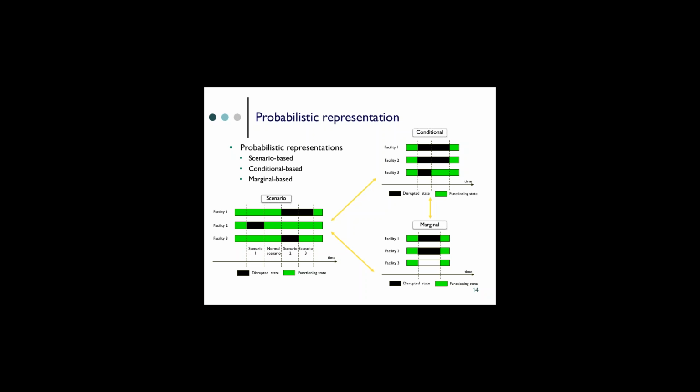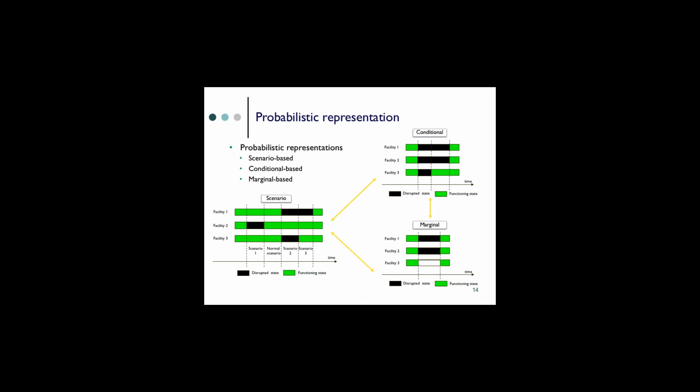The second one is the conditional-based representation. Similarly, we take this picture for example. The conditional probability is defined as the probability for facility 3 to be disrupted given the disruption of facilities 1 and 2. So basically, it's the ratio of this time length to this time length.